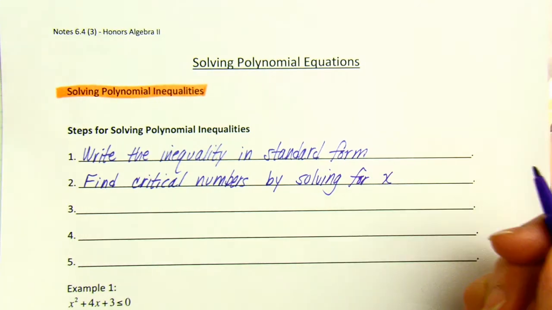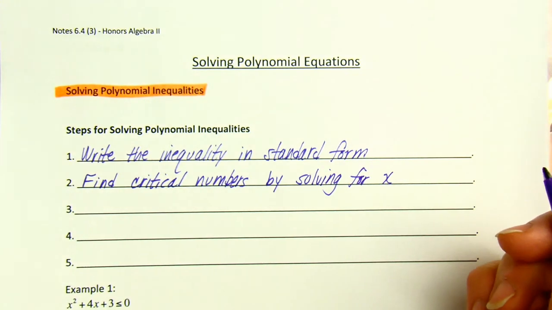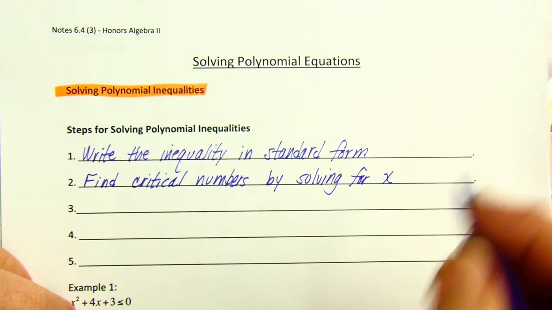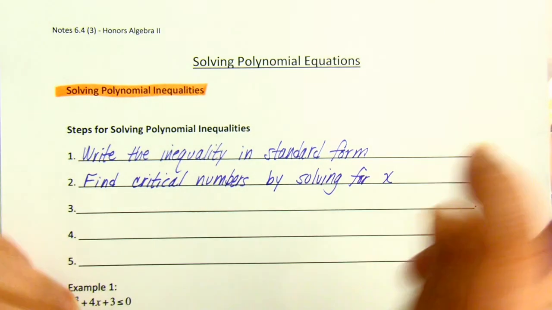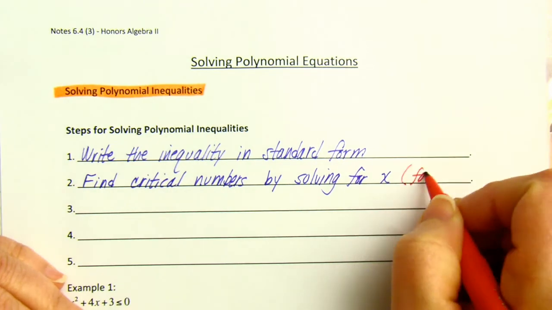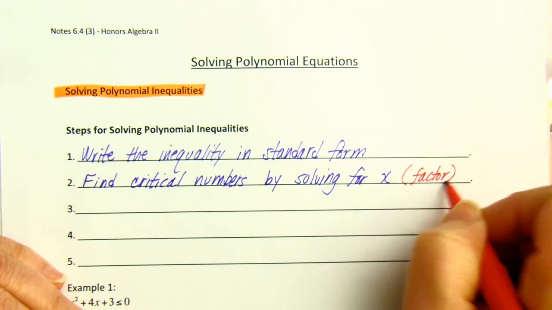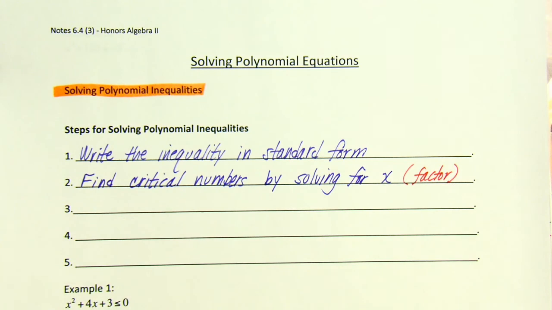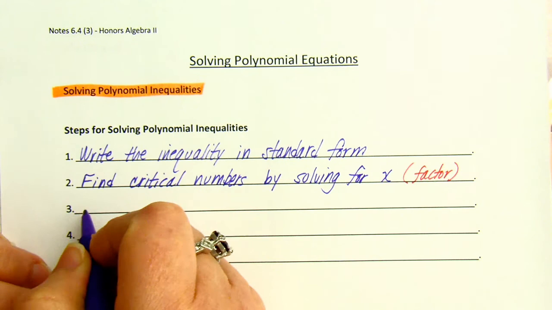And this is going to involve, more often than not, factoring. So we're going to get everything to one side, and then we have to factor it. And we're going to find those critical numbers by solving for x. Plot the critical numbers on a number line.